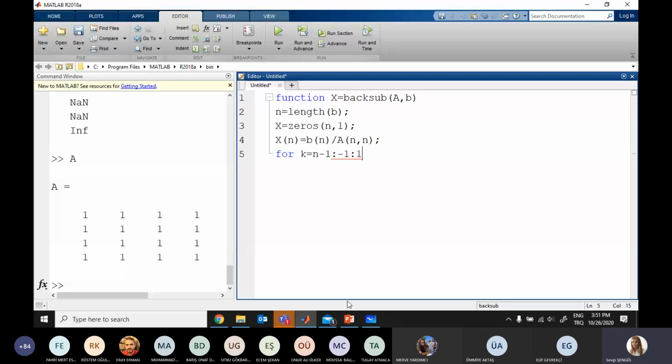I will be doing n minus 1, which is 2, and I will go until 1, the first one, right? That's why my for loop starts with n minus 1, and it goes backwards for back substitution, as we say. The solution x, this is capital, I define it like that, k will be, now how can we define that?